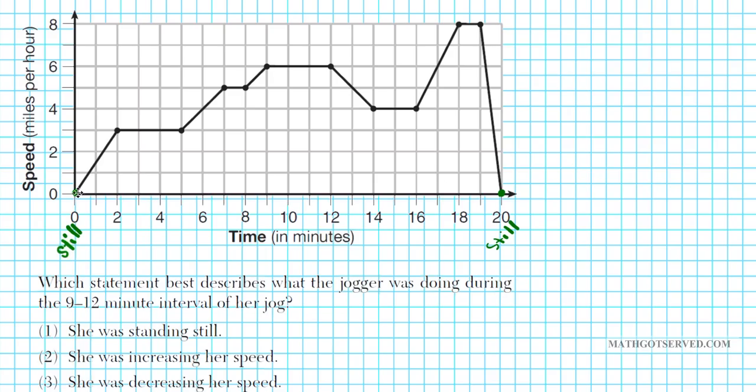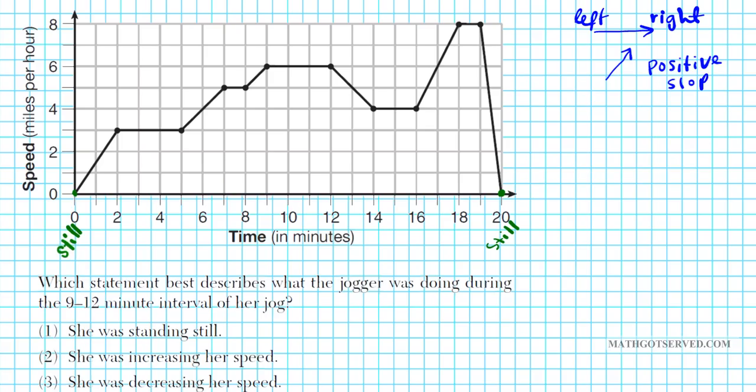Okay. All right. So from 0 to 2, what is the orientation of this slope? So let me show you something real quick. From left to right, remember you always read slope from left to right, all right? From left to right, if a line is going up, that is positive slope, okay?